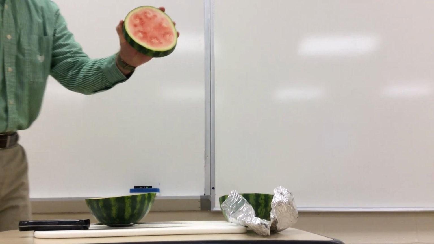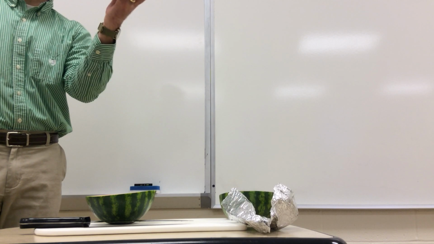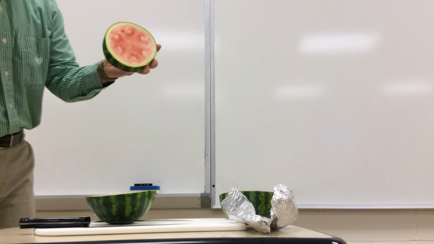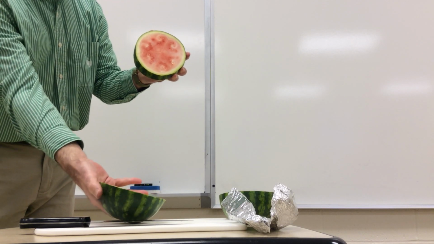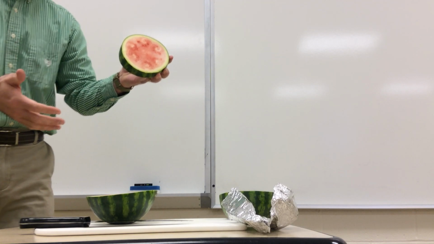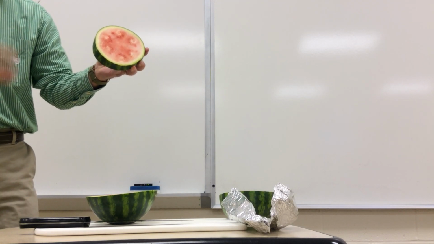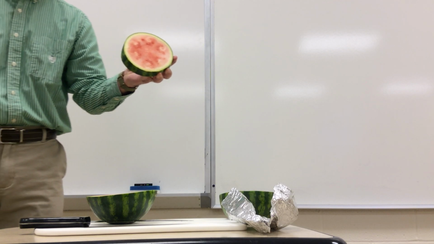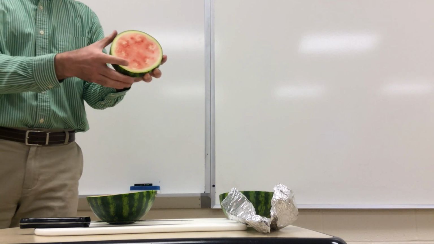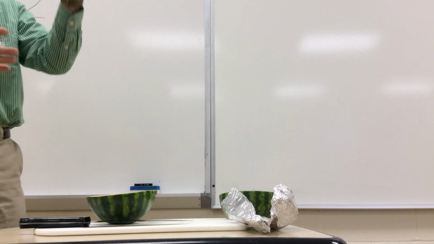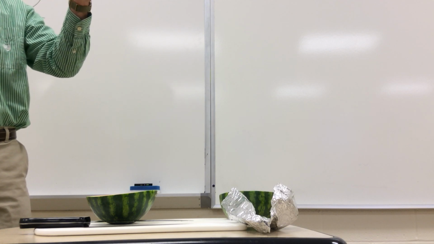And I'm going to find the volume of this first. And then I'm going to cut off another slice and find the volume of that. And then cut off another slice and find the volume of that, et cetera, right? And add them all up. Sound familiar?